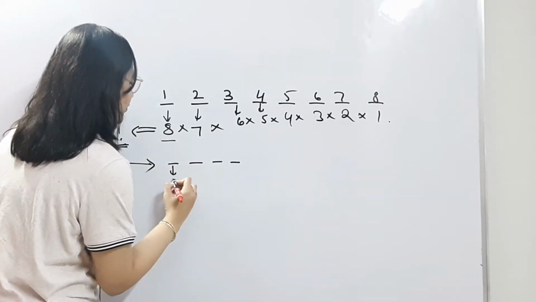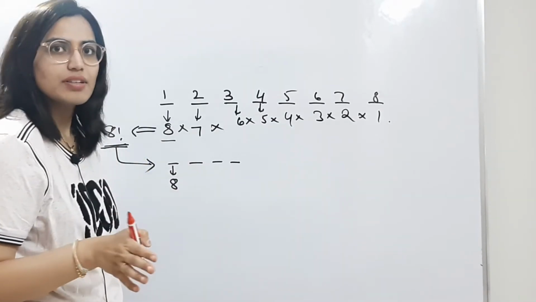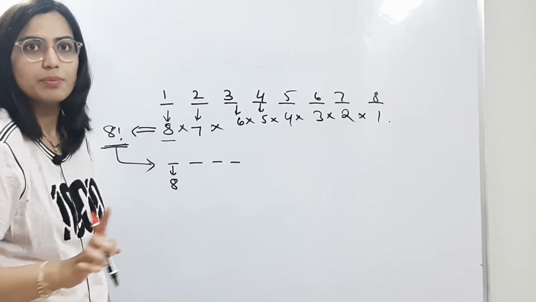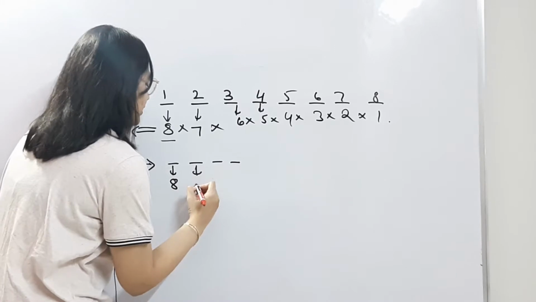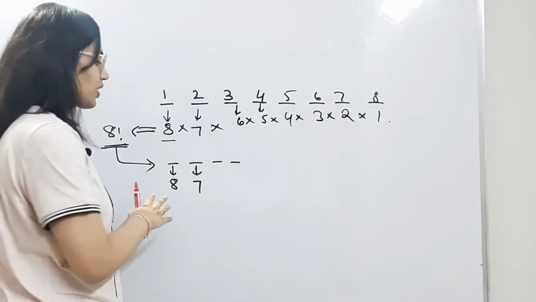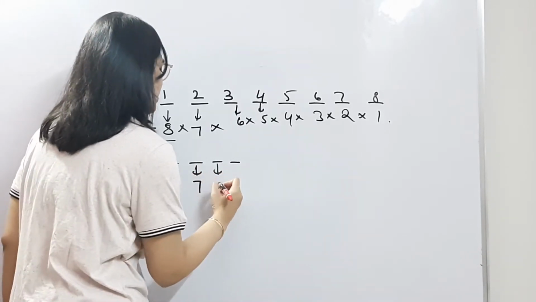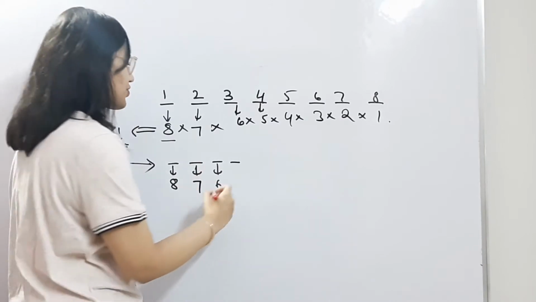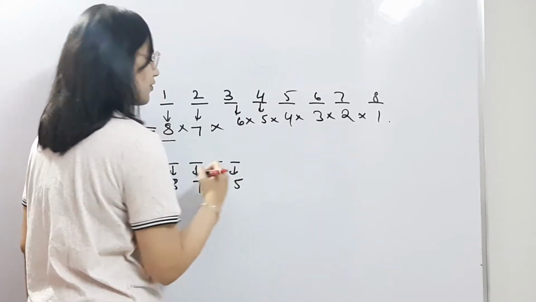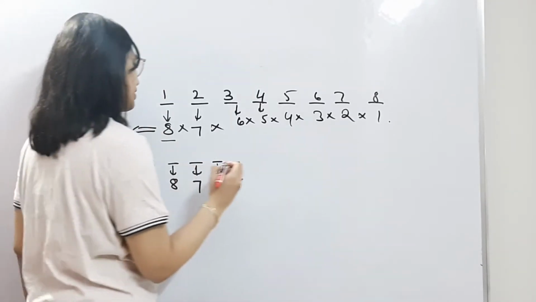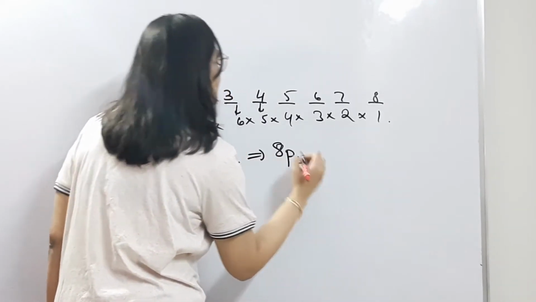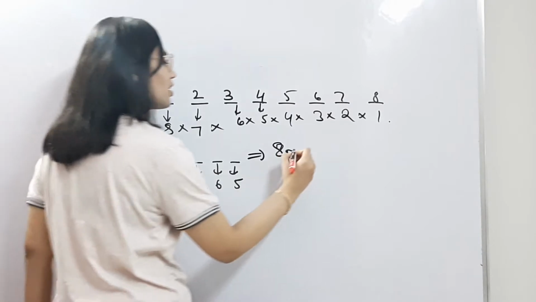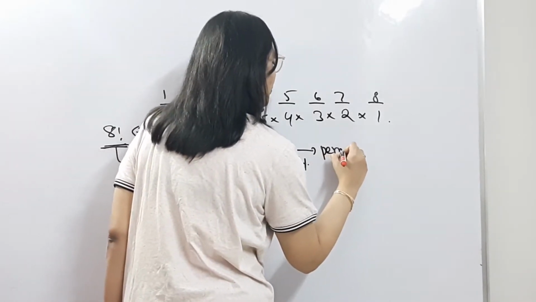Can we say that for the first position there are 8 choices, then 7 because one is already occupied, then 6 choices and then 5? So how do we define this? We will write this as 8P4, where P is a permutation.